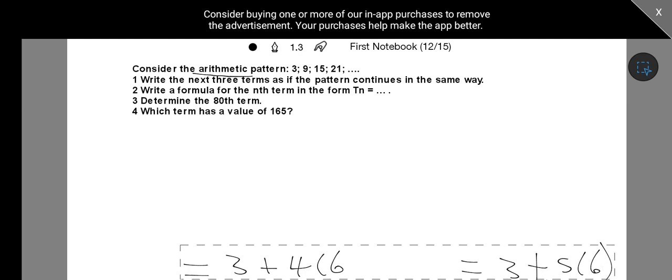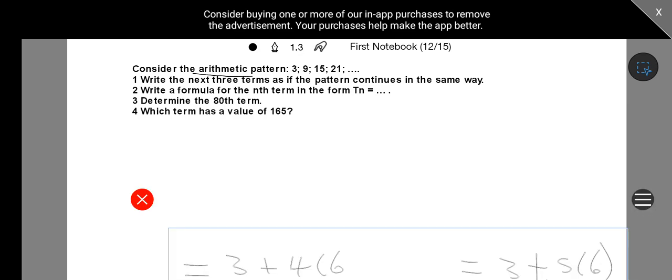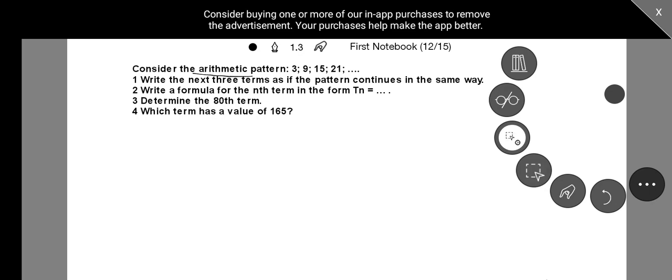And the last one here. Okay, we have said that the difference was 6. The difference was 6 as calculated, and A is the first term in the given sequence. We said that was 3.